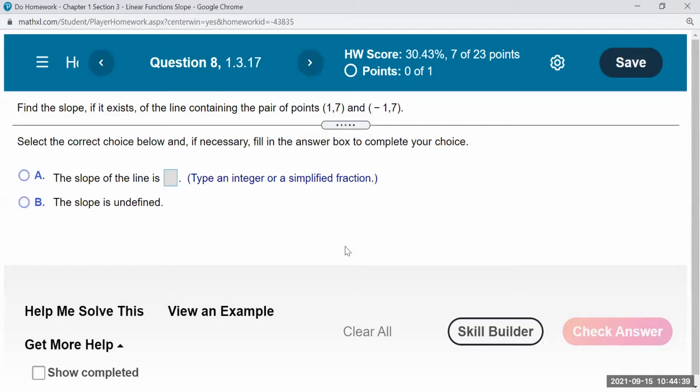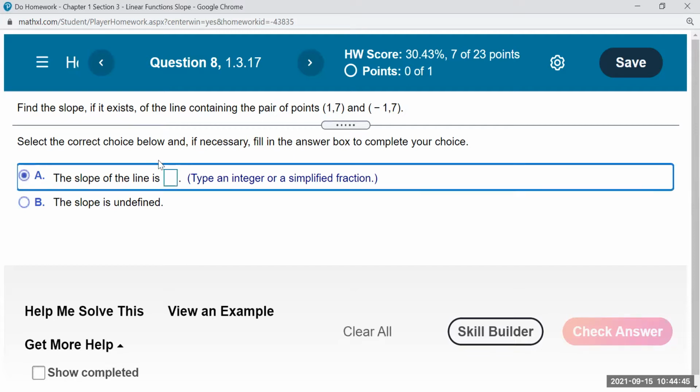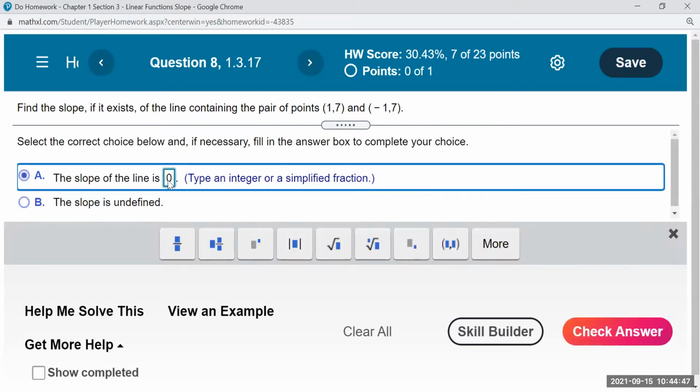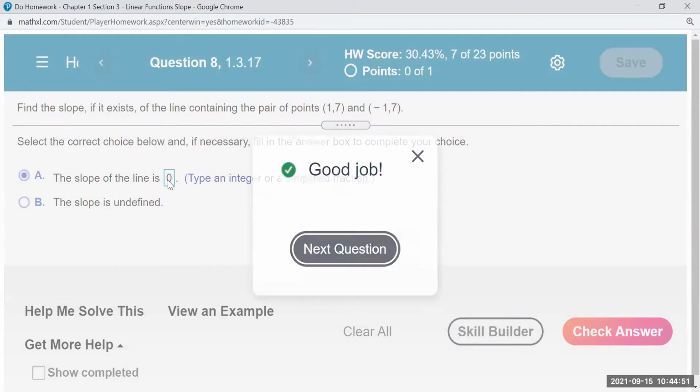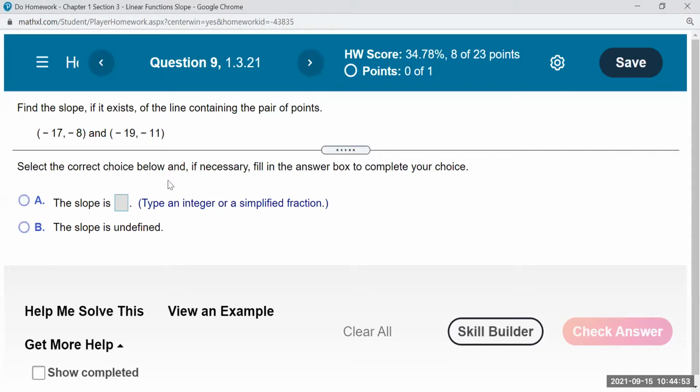So what's this one? Right, it's 0 because the y values are the same. But if they're different, then you have to work it out.